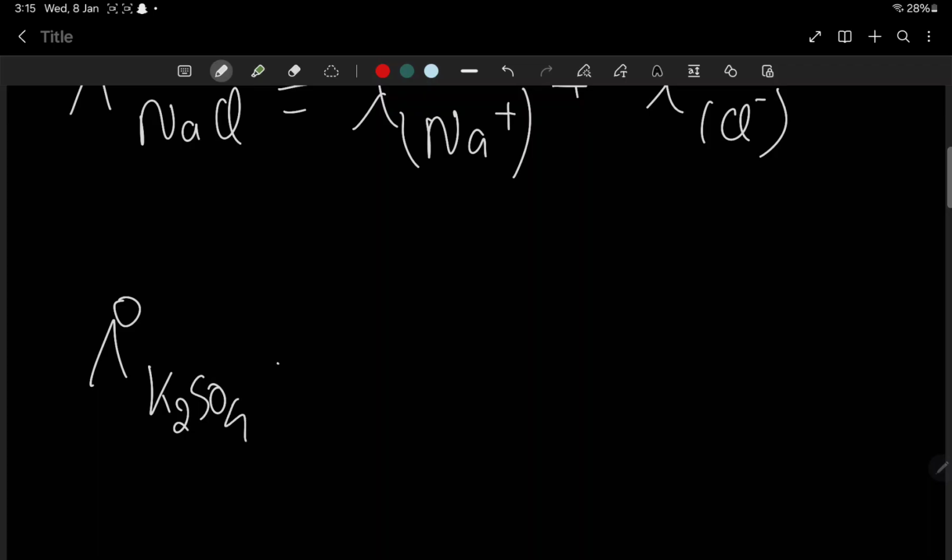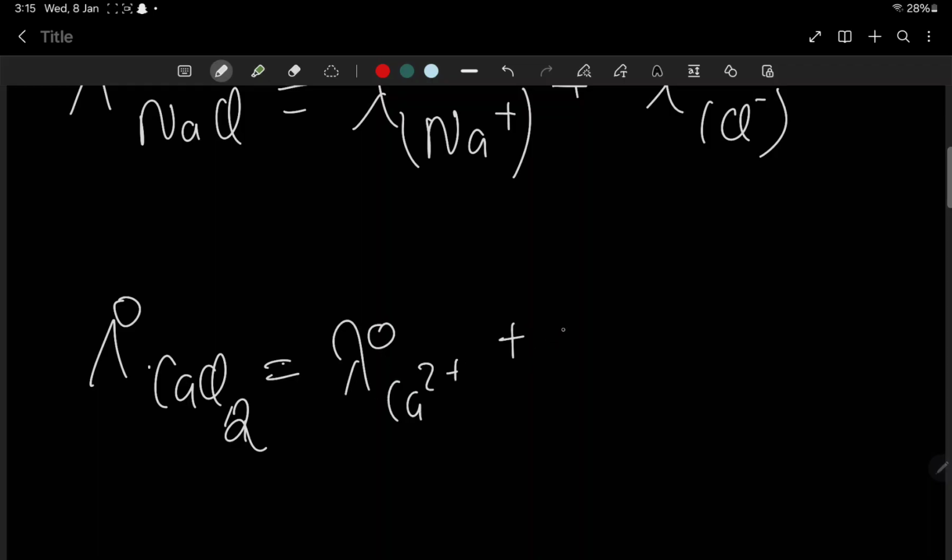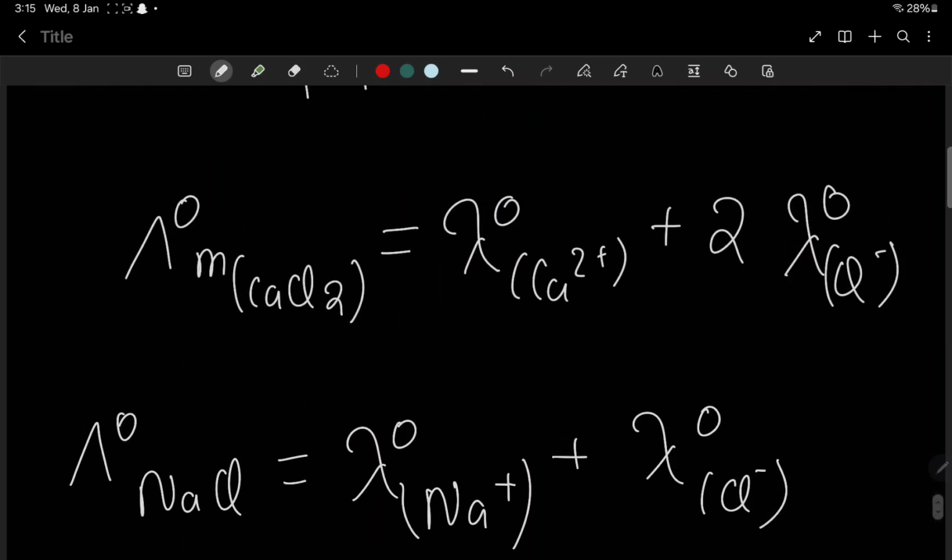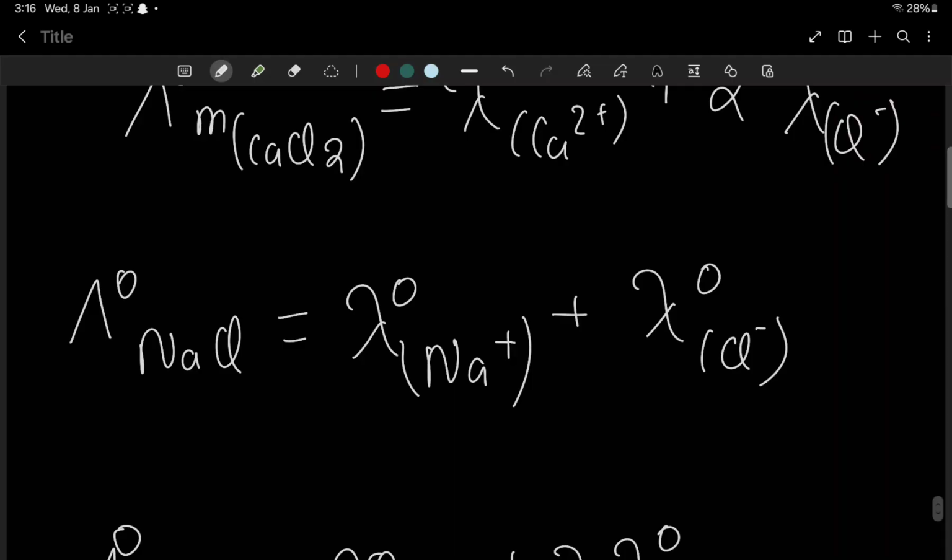CaCl2 can be found as the limiting molar conductivity of Ca2 plus plus 2 times the limiting molar conductivity of Cl minus. So this is called Kohlrausch's law. You can add the limiting molar conductivity of each ion and find the limiting molar conductivity of the compound, for strong electrolytes.